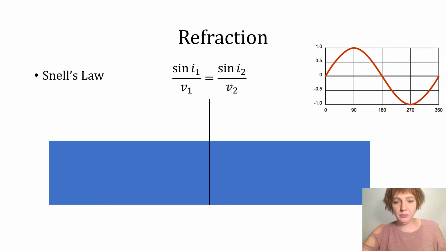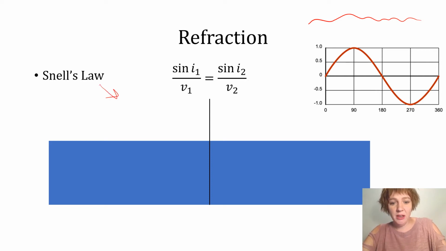Over here, I've drawn a sine wave for you, but we're going to draw an incident ray coming in from this side. If you think about it, the only possible angles that we're going to be able to consider go from 0, which would be coming in at this direction, to 90, which would be coming in at that direction.